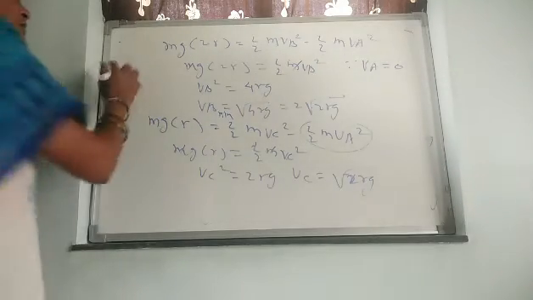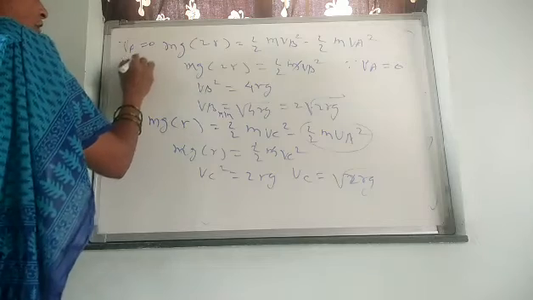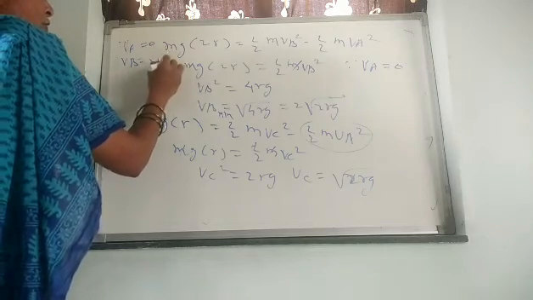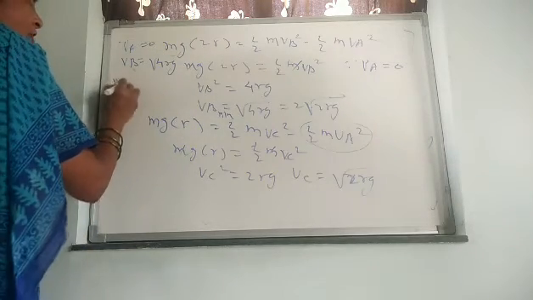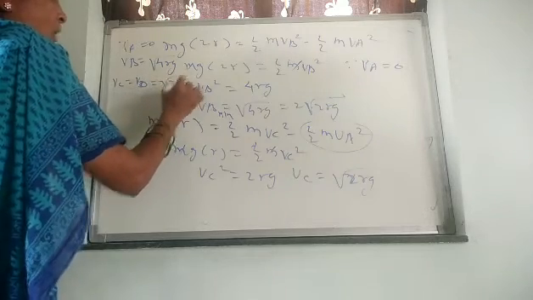That means velocity at the topmost position will be 0. At the bottom position, velocity will be equal to root 4rg, and at the horizontal position, Vc is equal to Vd is equal to under root 2rg.